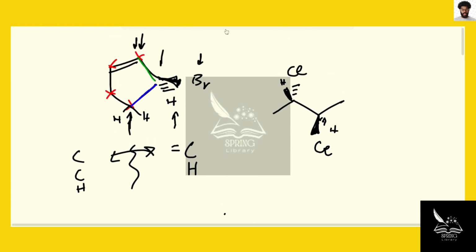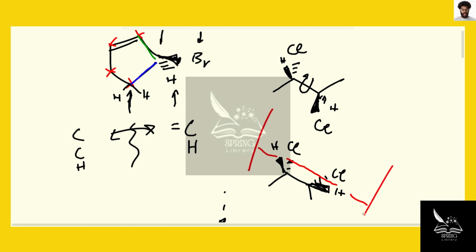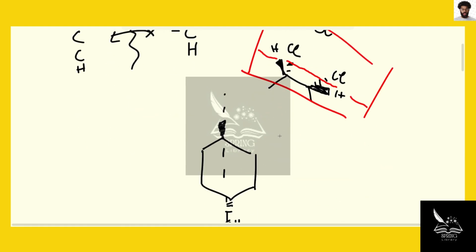This molecule is the same, and it's not easy to see, but if we rotate about this bond, we can end up with the following picture that is exactly the same molecule. And then hopefully now it might be easy to see how we can split in between the chlorine and the hydrogen and make a plane about which the molecule is.